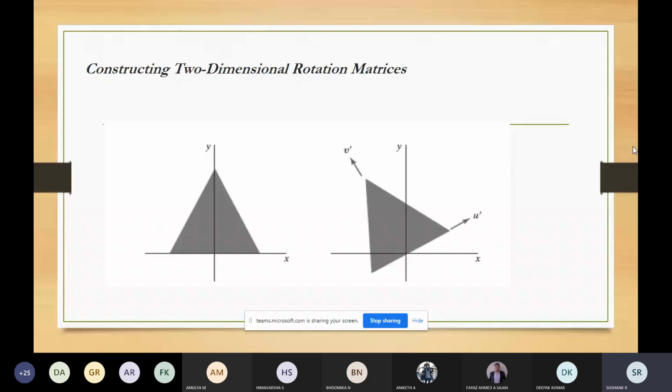What it is doing is that this figure is being rotated from this position to this position. It is an example of constructing the 2D rotation matrices. Whatever we have studied in the previous equation, the same thing is being applied.